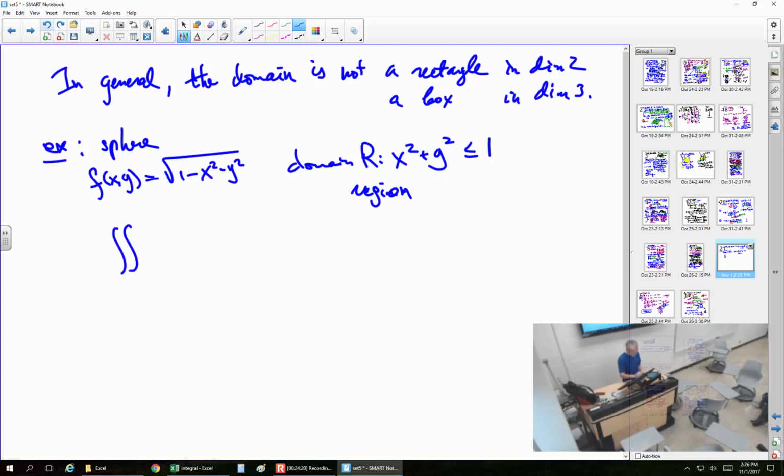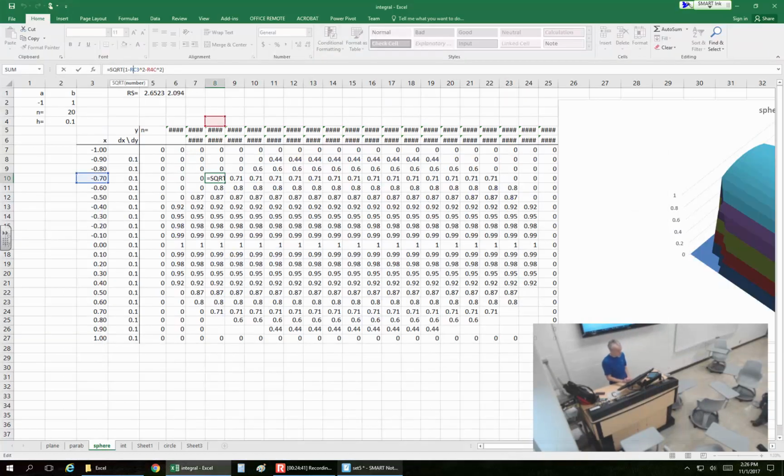This double integral that I'm interested in, it would be very nice if I could do this. This would be the volume, or at least half of it, the volume of the half sphere, or also the average value of the function. So you have half a sphere of sand, and you might ask yourself, what's the average height?